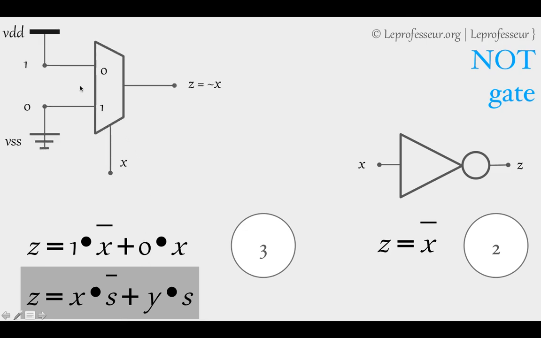Or in other words, we can connect input 1 to VDD and the other input to VSS for the multiplexer.